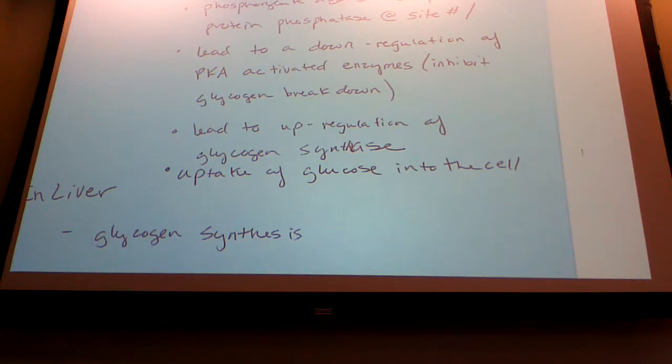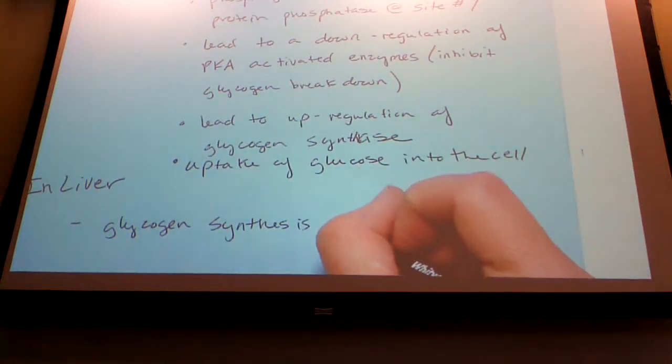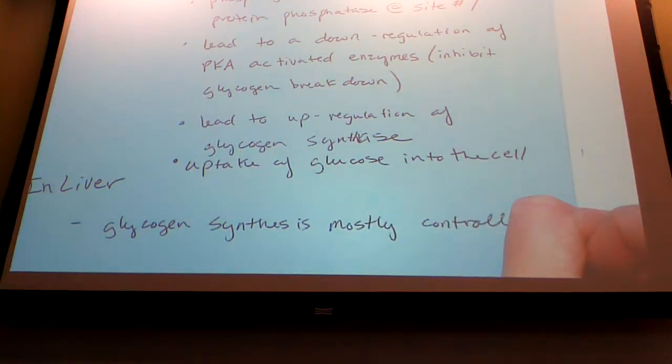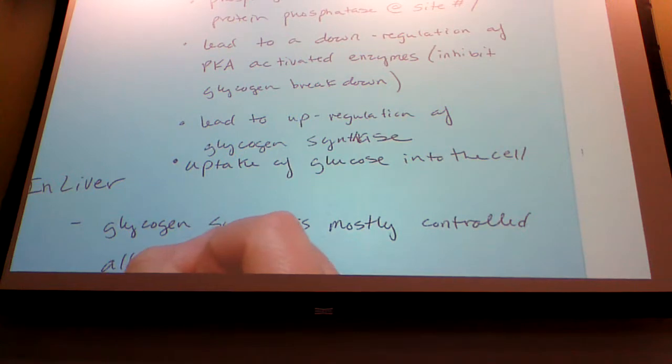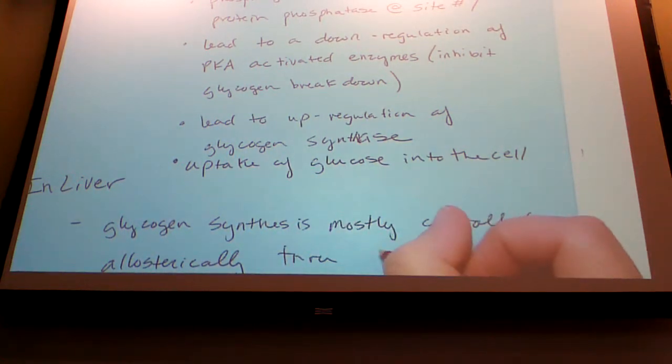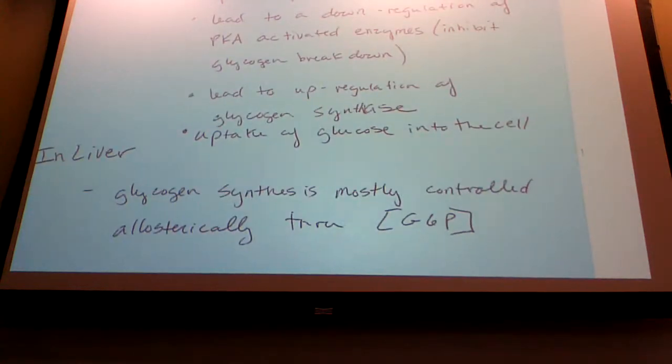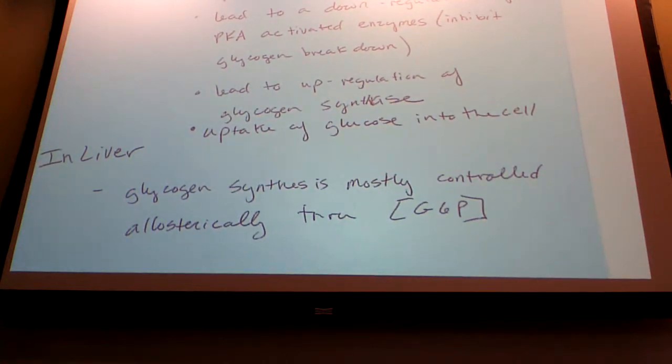Okay, so sorry. Glycogen synthesis in the liver is mostly controlled sterically through concentration of G6P. So there is really no hormonal control for glycogen synthesis in the liver.